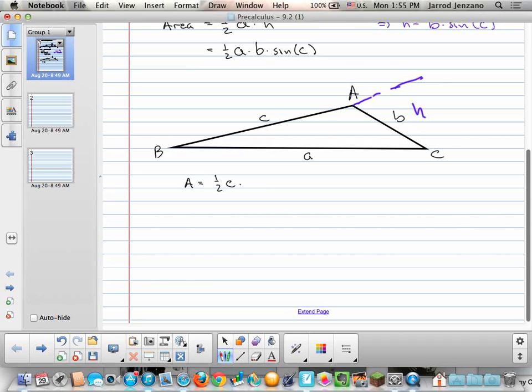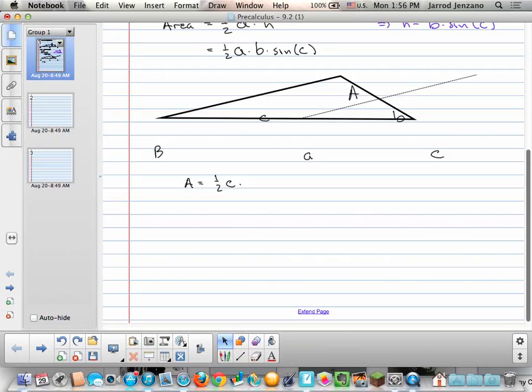If you're going to diagram it, you would extend this line out, and then drop a perpendicular down to that.